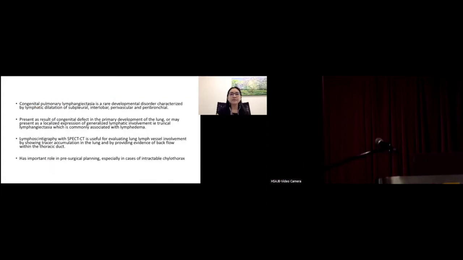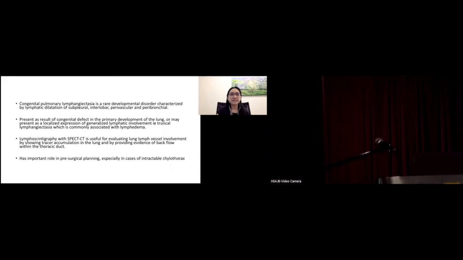Congenital pulmonary lymphangiectasia is a rare developmental disorder characterized by lymphatic dilatation of subpleural, interlobar, perivascular, and peribronchial lymphatics, present as a result of congenital defect in the primary development of the lung, or may present as a localized expression of generalized lymphatic involvement, that is truncal lymphangiectasia, which is commonly associated with lymphedema.